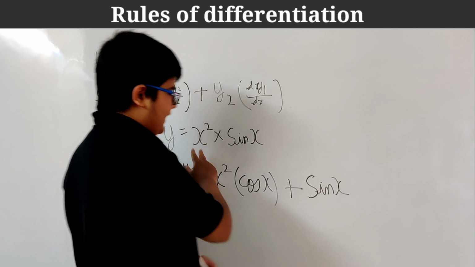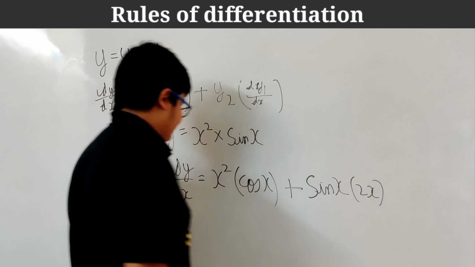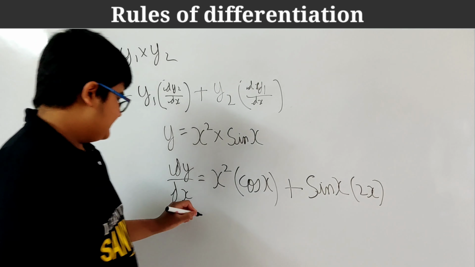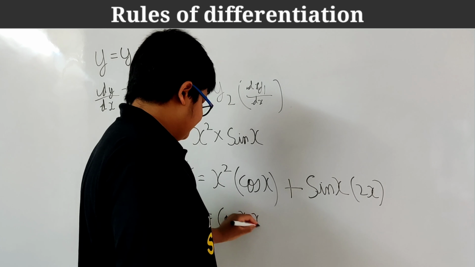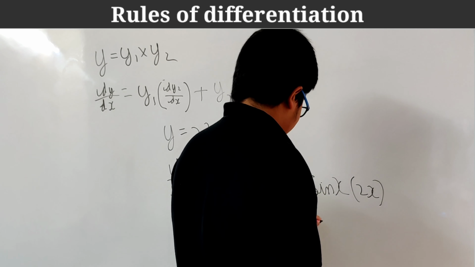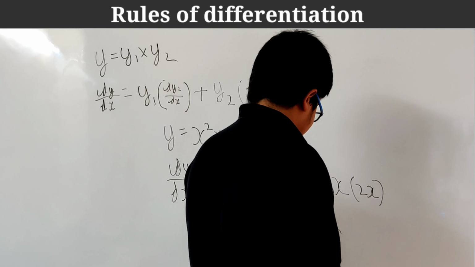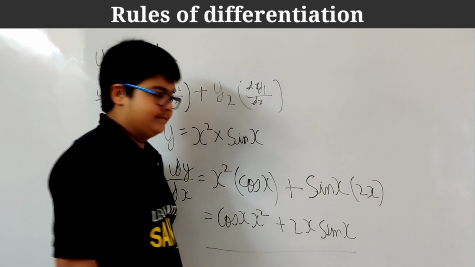So differentiation of x square will become 2x by applying rule number 2. Now we just have to simplify this. So this will become x square cos x plus 2x sin x. So this will be our answer.